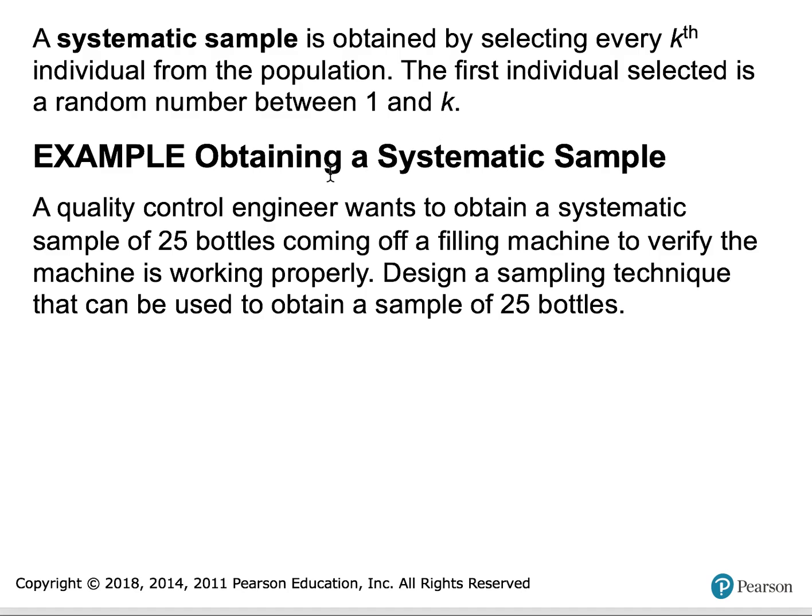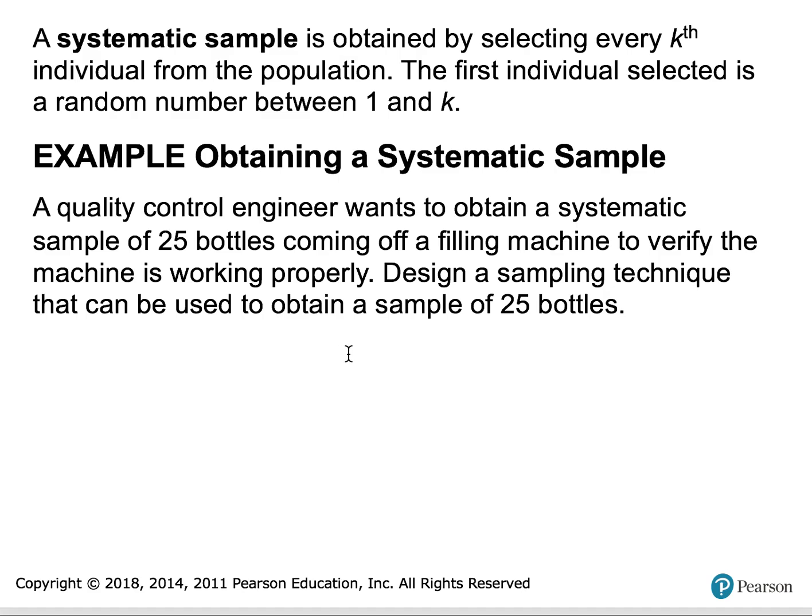And here's an example. A quality control engineer wants to obtain a systematic sample of 25 bottles coming off a filling machine to verify the machine is working properly. Design a sampling technique that can be used to obtain a sample of 25 bottles.